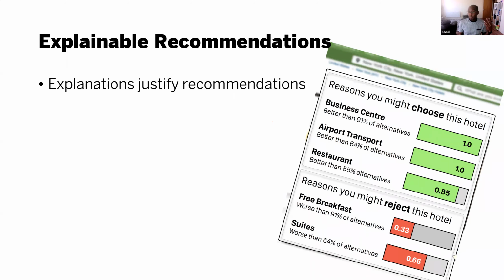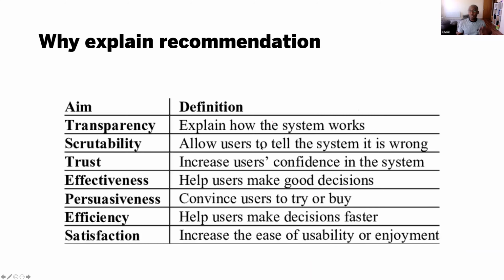The transportation service to the airport is better. But the breakfast here is worse. So if breakfast is something that is important to you, maybe you should go somewhere else. So you see how explanations can go a level deeper to tell you why you should consume a recommendation. But there are lots of reasons why these explanations exist.